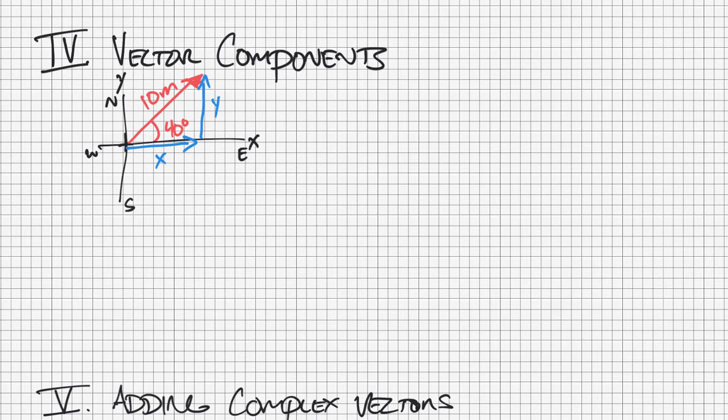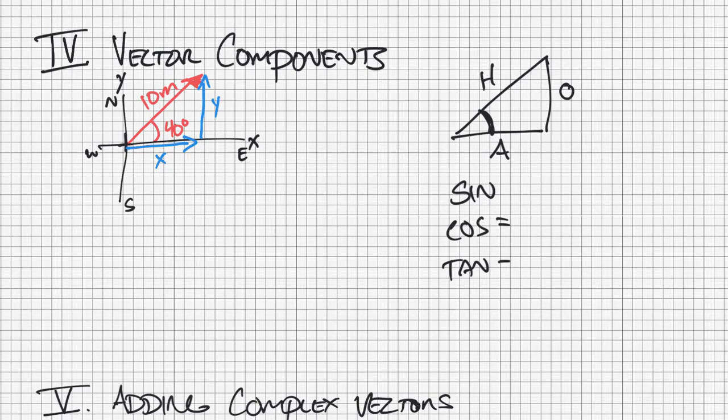To do that, we need to understand sine, cosine, and tangent. If this is my hypotenuse, and this is the angle I'm looking at, this is my adjacent and this is my opposite. We can use sine, cosine, and tangent to figure out the values.